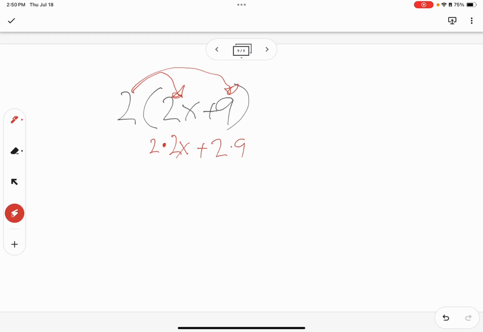So now let's do the math. 2 times 2x, the 2's multiply and become 4. We bring down our x. And then 2 times 9 is 18. So now we have 4x plus 18.